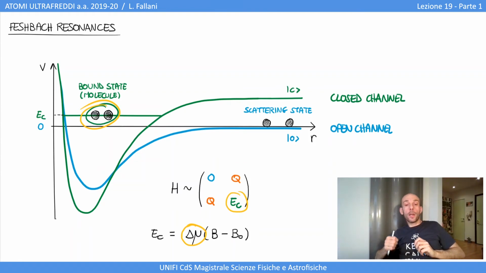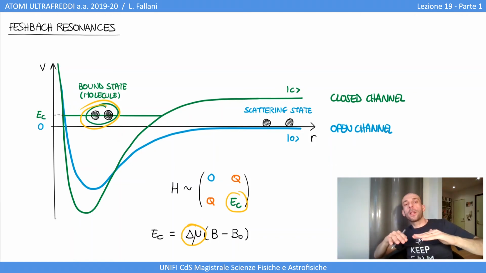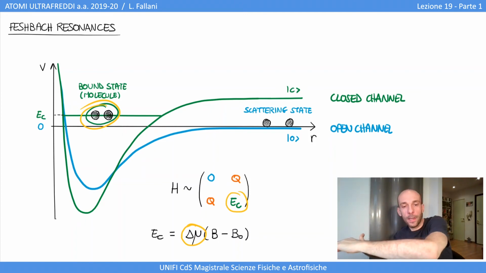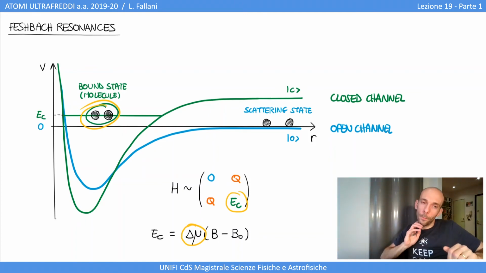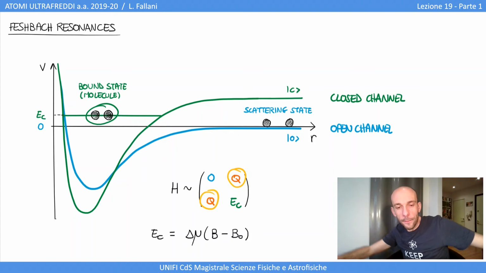In particular, when B is equal to B0, you have the resonance, and so you have a resonant enhancement of the scattering cross-section because of the presence of a bound state. So the energy of the bound state is the same as the energy of the scattering state. And this happens because you have a coupling between the two channels, and this coupling is provided by the hyperfine interaction, as we have discussed in the lecture on Feshbach resonances. This is exactly the same physics.